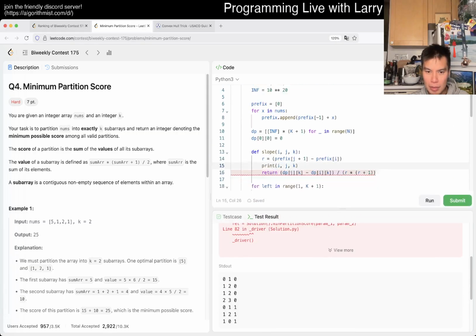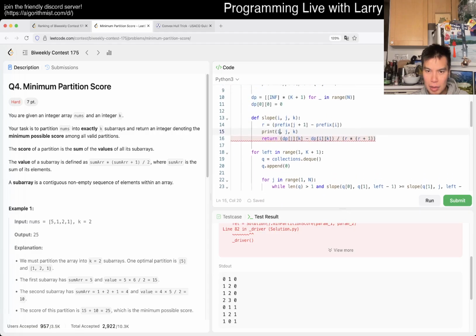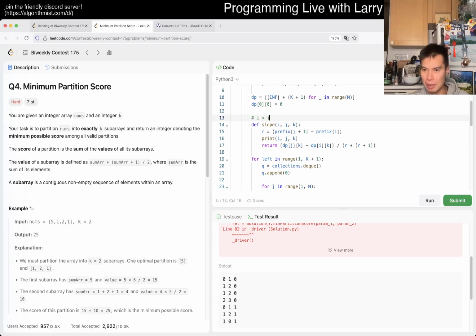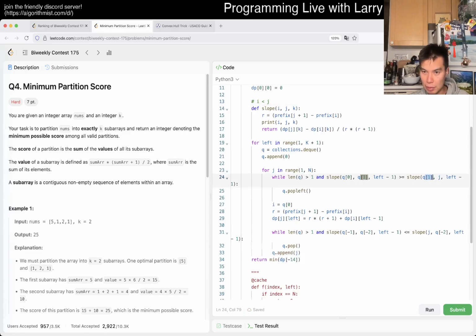Okay, so the second is 1, K, 1 and 0, and K. Huh? Oh, this assumes that I is... I'm dumb. I forgot about this assumption. So then that means that these are the previous J's.